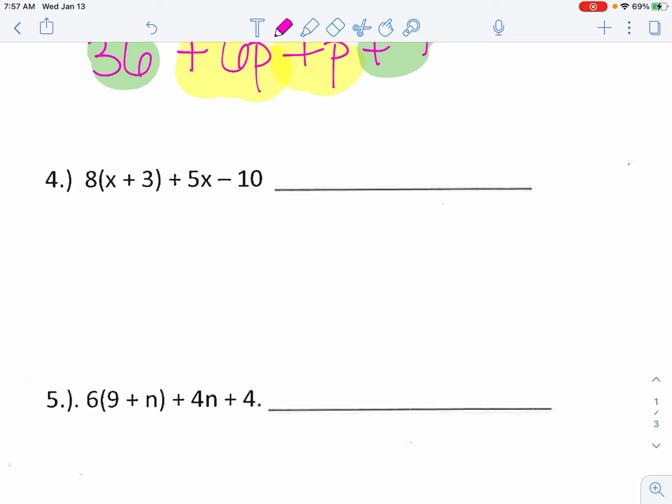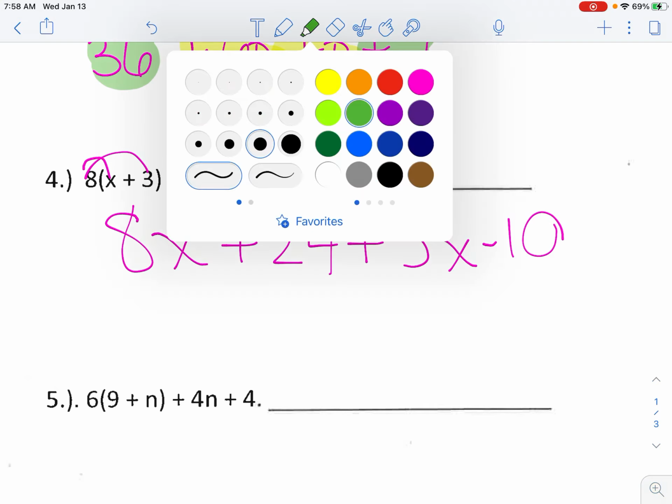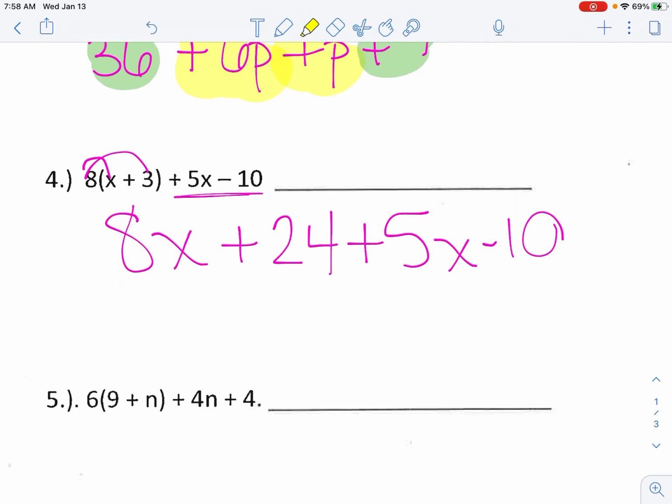Number 4, 8 times (x plus 3) plus 5x minus 10. So we've got 8 times x is 8x. 8 times 3 is 24. And I have plus 5x minus 10. After you distribute, combine like terms.